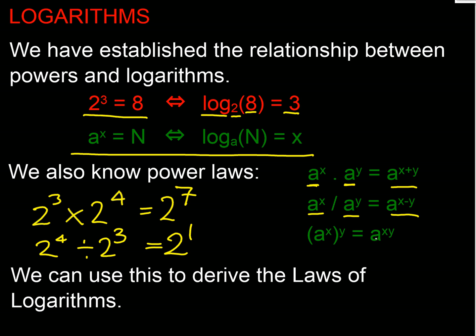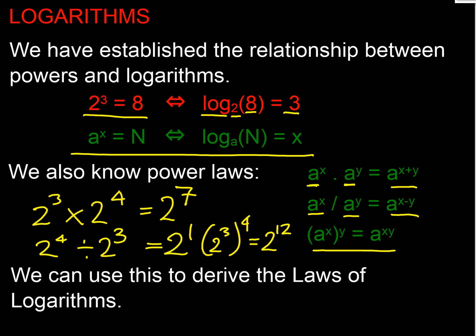And remember the final one: if I had 2 to the 3 and then did that to the power 4, I'd get 2 to the 12. Because I've got 2 to the 3 times 2 to the 3 times 2 to the 3 times 2 to the 3, and I can expand them, or I can just add them: 3 plus 3 plus 3 plus 3.